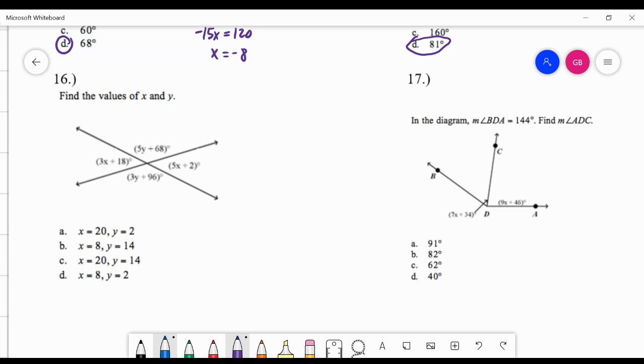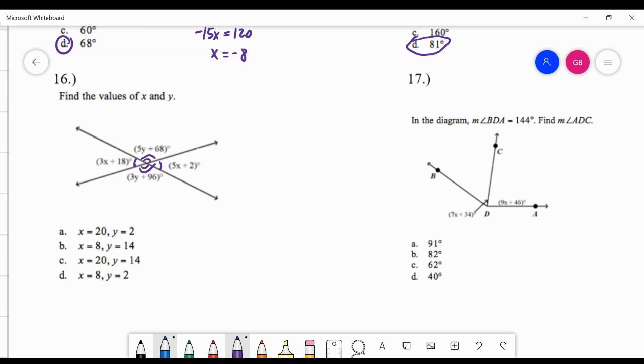Okay, 16, find the values of x and y. Okay, so we know that vertical angles are congruent. So this angle and this angle are the same. This angle are the same. So we could set up the equations to solve.